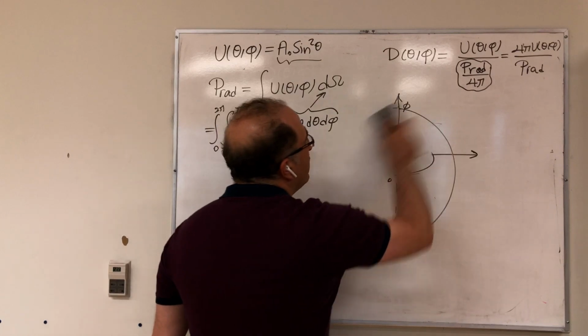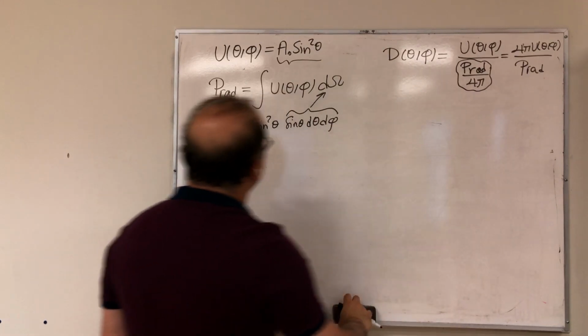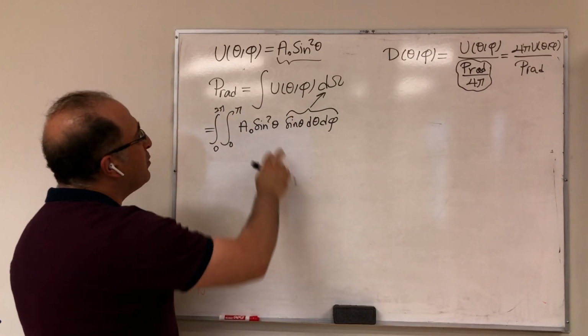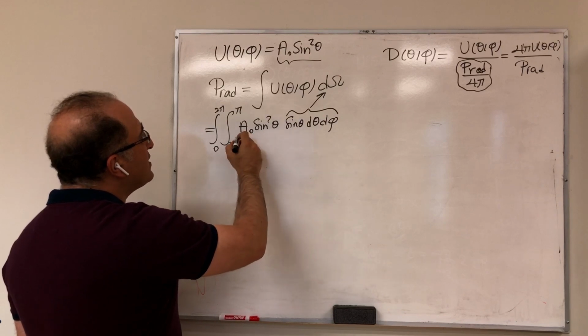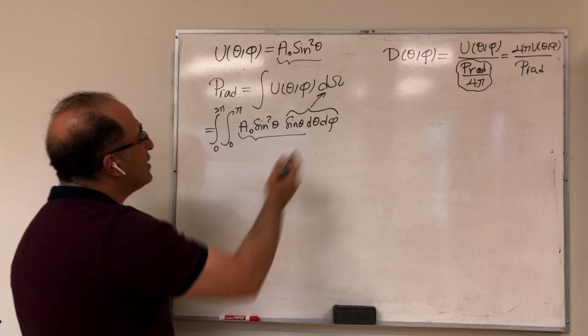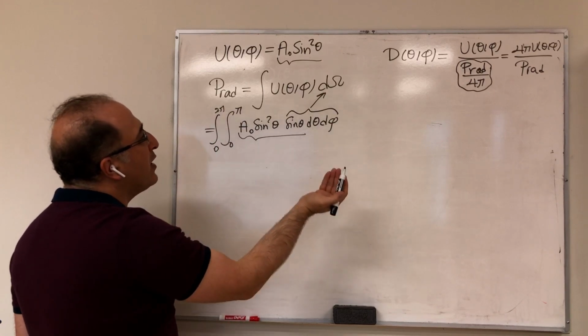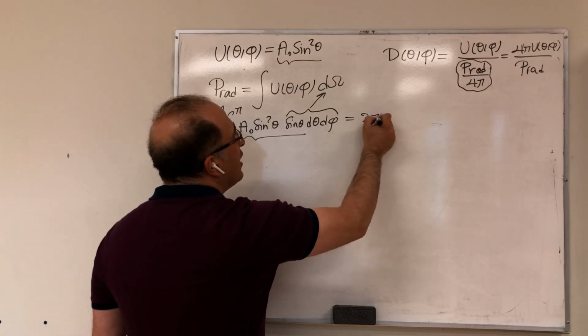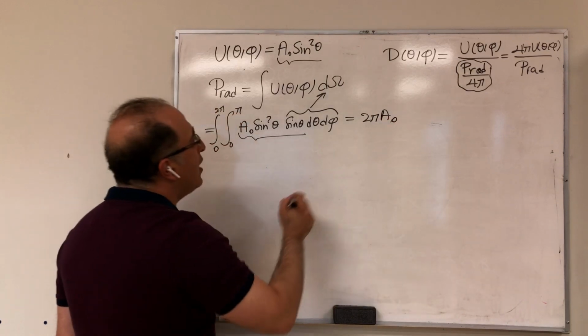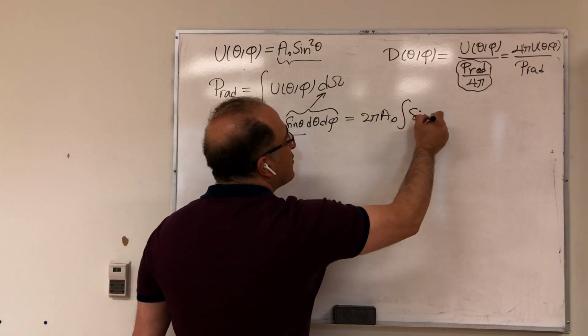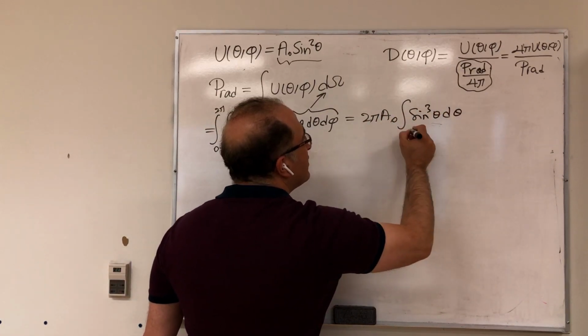Now, essentially you need to calculate this integration. Because there is no phi dependency in the integrand, you can factor it out. Integral of 0 to 2 pi d phi is 2 pi. And you can bring a naught out, and you're essentially going to have sine cubed theta d theta from 0 to pi.